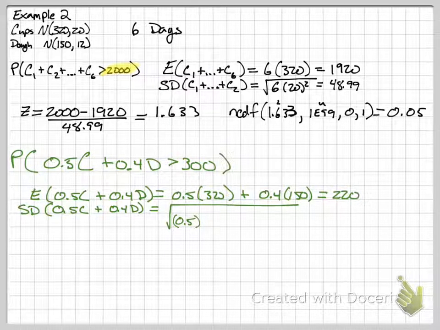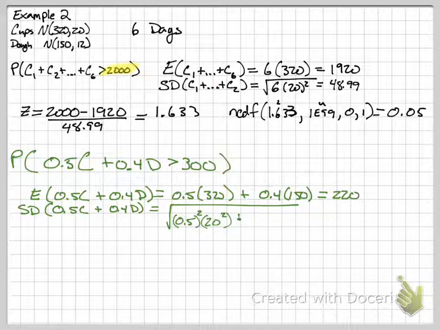So he'll make 50 cents of profit, so we're multiplying that to every cup. Because of that, we need to make sure that we square that 0.5, and then that's going to be multiplied times our standard deviation of our cups, which is 20.